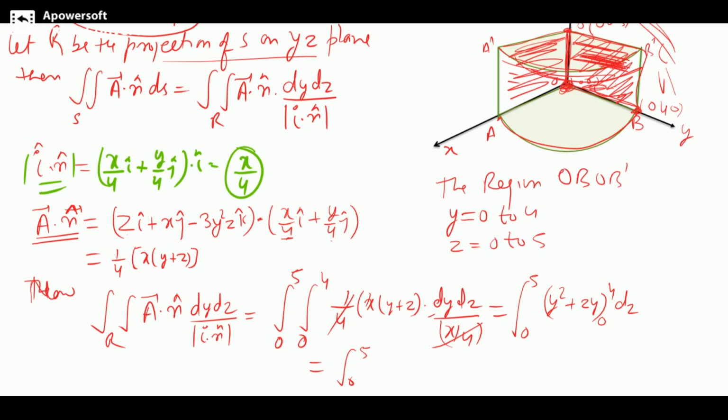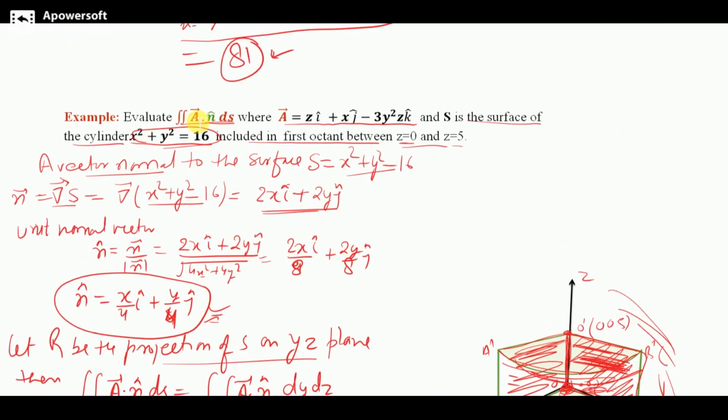When we apply the limit we get 8 plus 4z dz, and on integration with respect to z we get 8z plus 4z square by 2, apply the limit 0 to 5, and on simplifying we get the value 90. In that way we can evaluate the double integral A dot n ds.